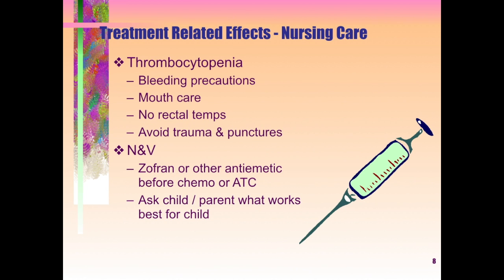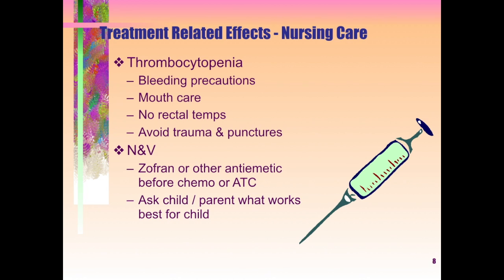We treat the side effects of our therapies. So thrombocytopenia, you need to implement bleeding precautions. For our teenagers, our girls, don't shave their legs with a straight edge razor. For our boys, don't shave their face with a straight edge razor. They should use an electric razor or consider not shaving at all.